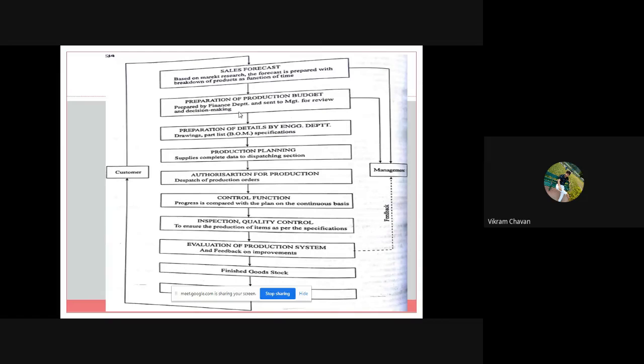The sales forecasting is one kind of market research. This sales forecasting will be done by the marketing or sales department. They will research some of the parameters of customer requirement, and they will come up with details like acceptability of the product by the customer.